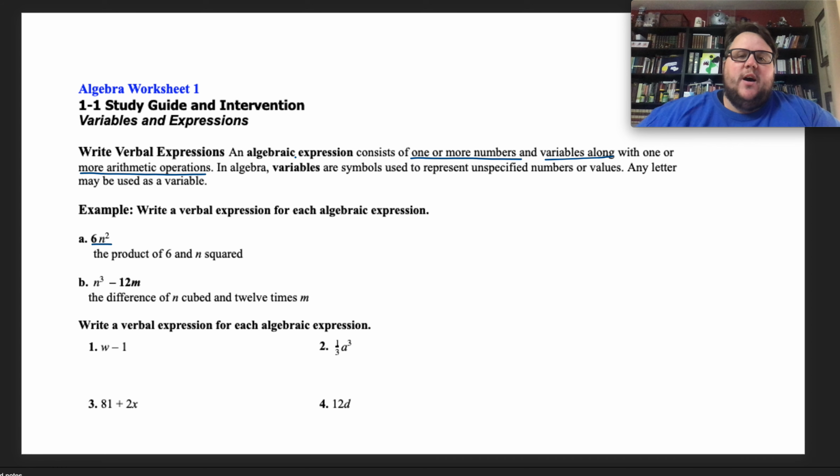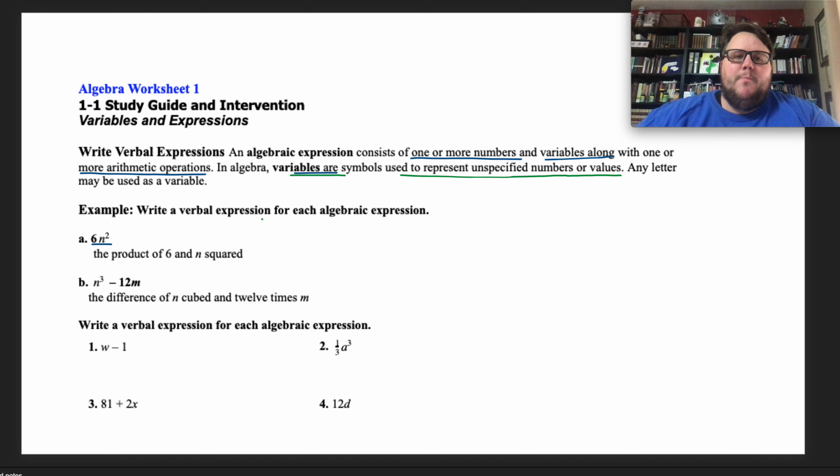In algebra, a variable is a symbol used to represent unspecified numbers or values. I believe that you guys are fully aware of variables, and some of you may not like them, some of you love them, but hopefully you'll learn to understand them better through this course.